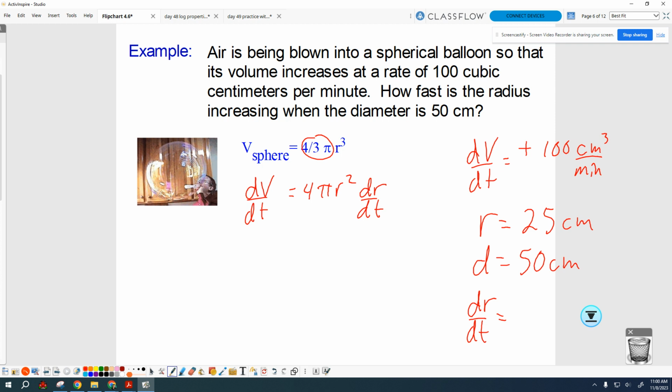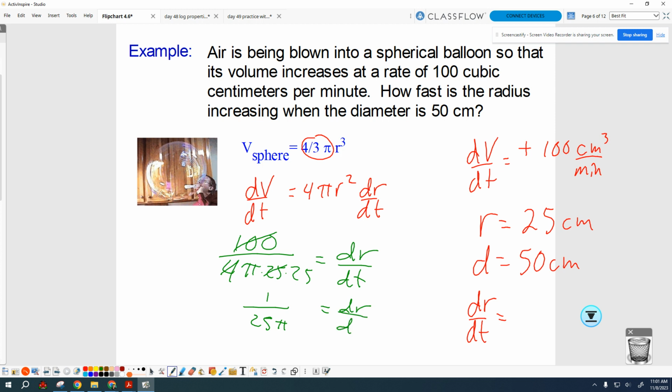What do I know? What can I plug in? What is dV/dt? What's the value? 100 over 4 times pi times 25 times 25. Okay, and this is sort of self-checking.